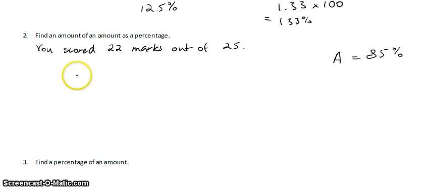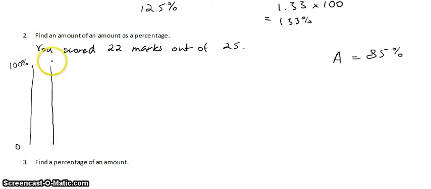I'm just going to draw it freehand, I think. So 2 number lines. This is percentage. We've got something out of 100%. And another number line. We've got something out of 25. And we want to find what 22 is as a percentage. What percent is 22 out of 25? As 25 is 100%, and our double number line, we want to find what 22 is.